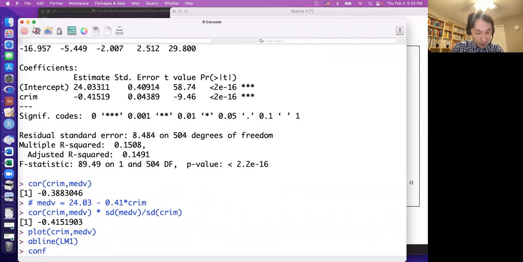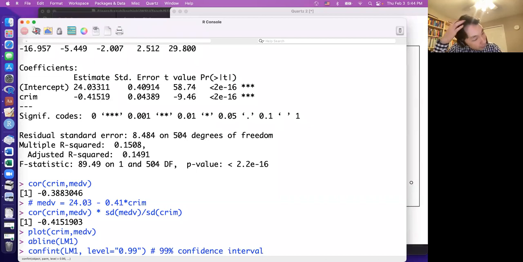So the confidence interval for LM1. Okay, now we see 0.99, so a 99% confidence interval. That means we have the true line. We don't know the true line, but with 99% probability, the true regression line is within this confidence band.